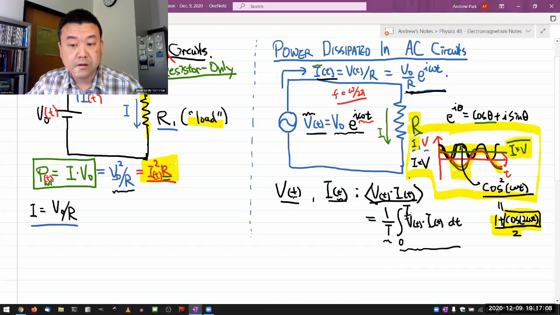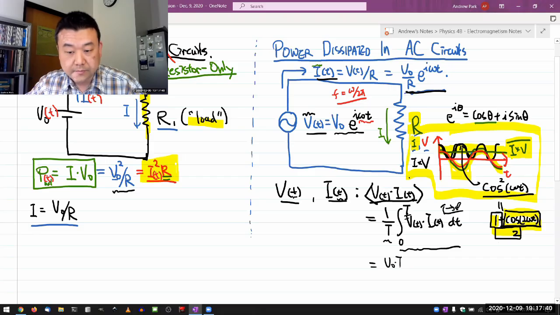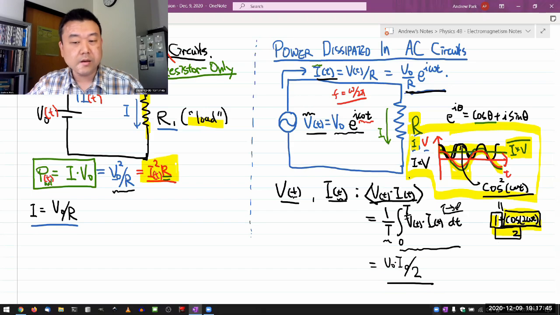But if T is simply a quantity much larger than a period, then you can argue that the integral of cosine omega t over the time period is some number between -1 and 1, and when you divide it by T, it becomes vanishingly small for T going to infinity. So really the only term that doesn't vanish is the 1/2. The integral gives a factor of T that gets canceled out, and the average simply becomes the magnitudes V naught times I naught divided by 2.